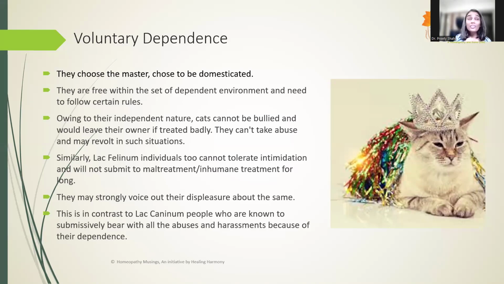Okay. I had a very, very interesting case of Lac felinum. During the case taking, the patient said that there was somebody who was bullying her sister, and the sister couldn't do much about it. So when this incident happened, she was quite young, a teenager.